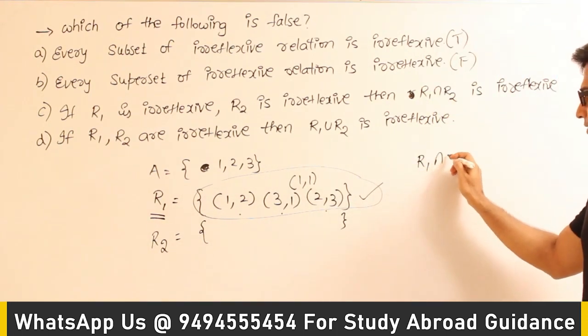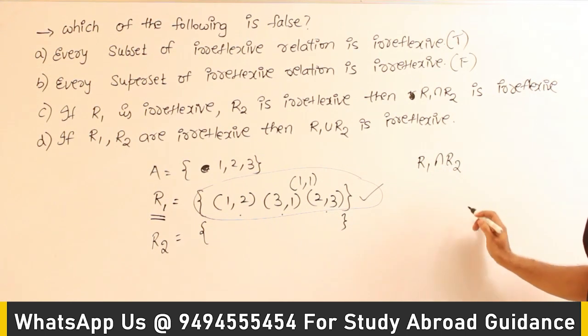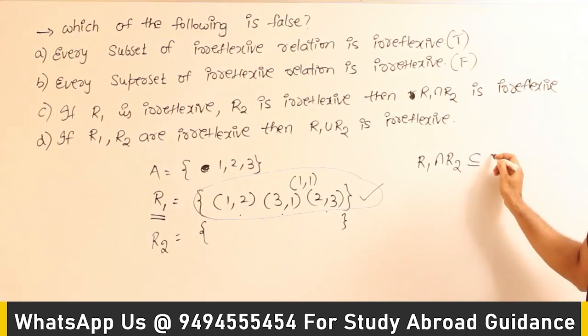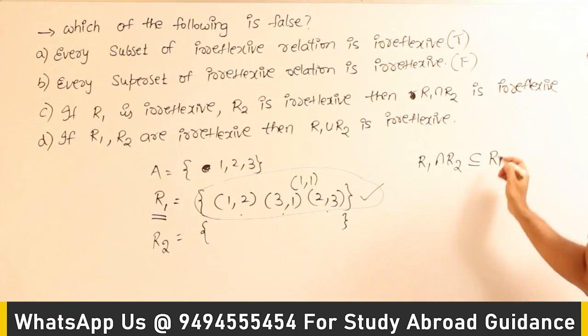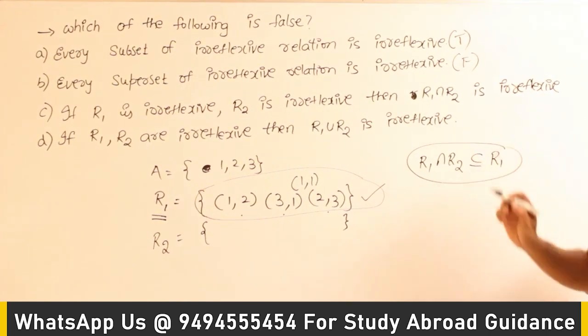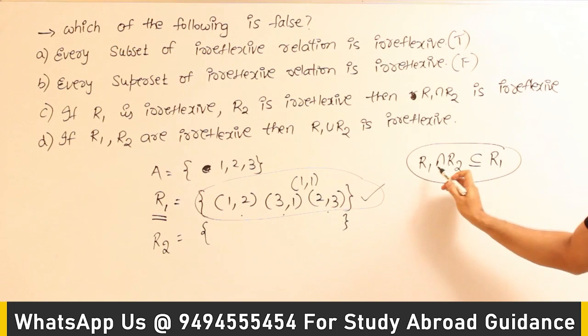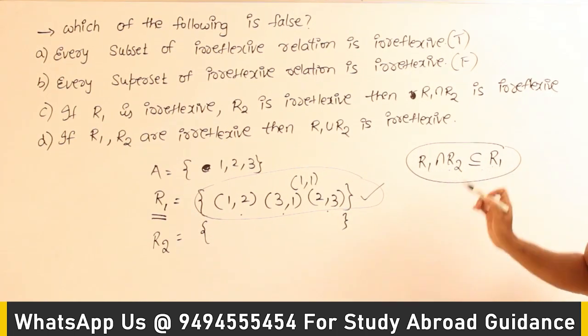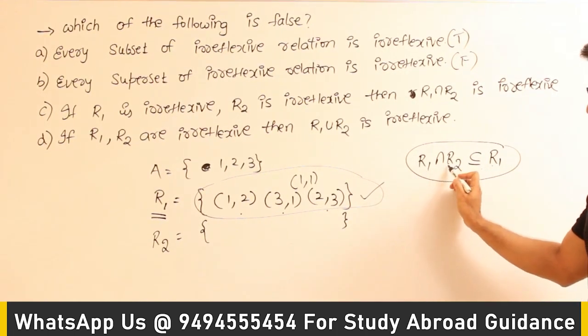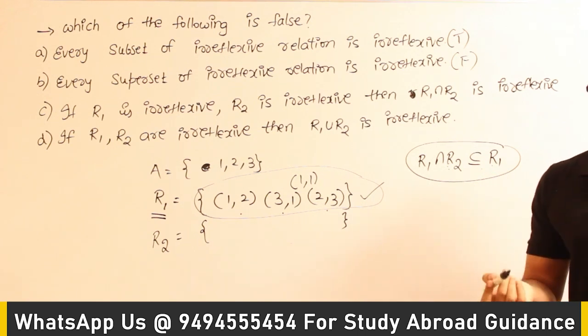One thing you should understand is R1 intersection R2 is definitely going to be a subset of R1 or a subset of R2, isn't it? R1 intersection R2 is definitely going to be a subset of R1, as well as a subset of R2.